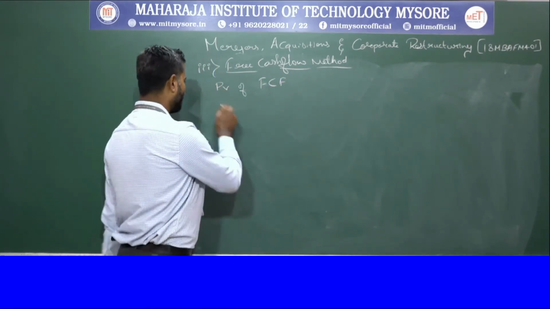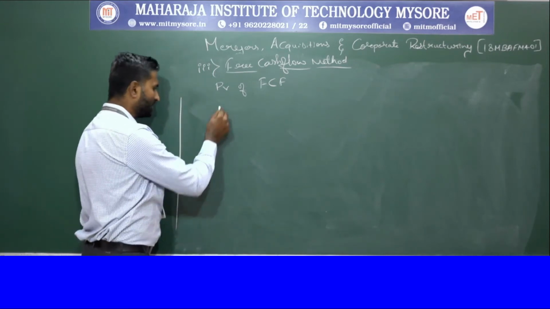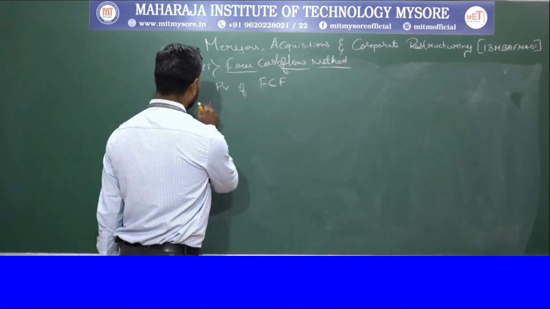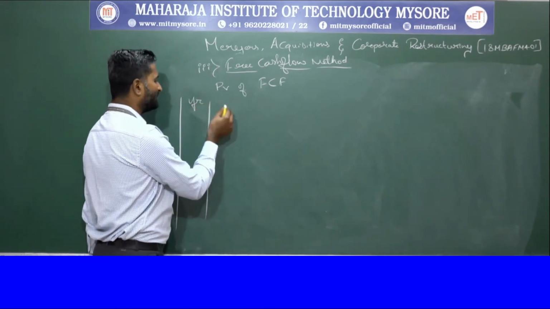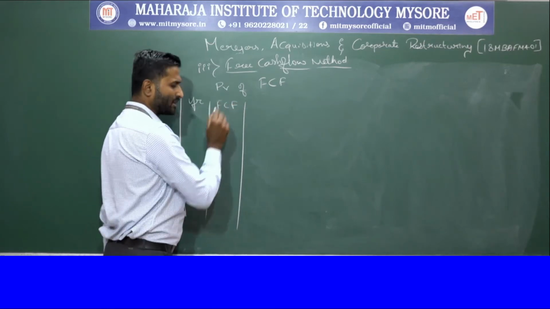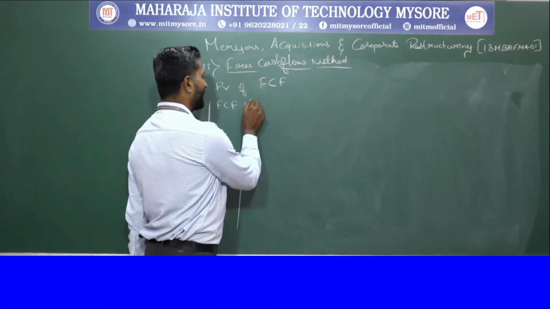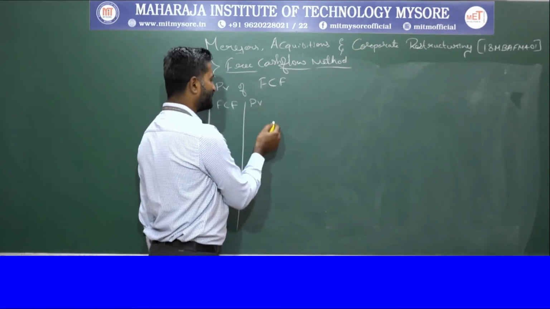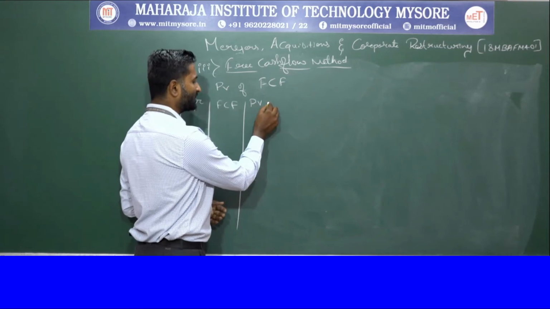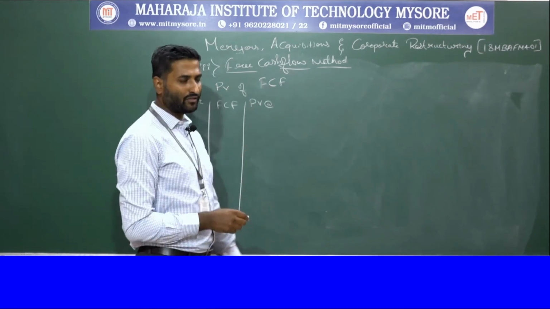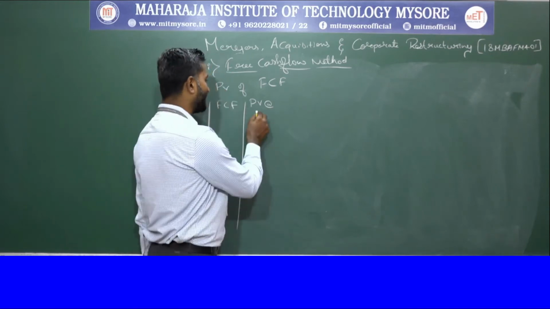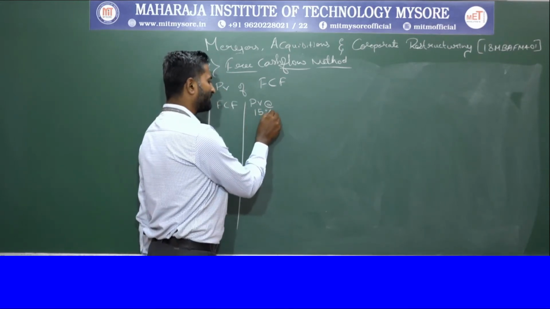Therefore we need to make use of a table with 4 columns including year and the free cash flow they have given, and take into consideration that future cash flows are being converted to present cash flow. So we have to make use of the cost of capital which they have given in the problem. The cost of capital given is 15%.